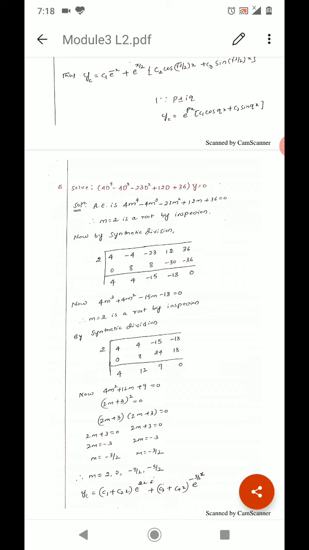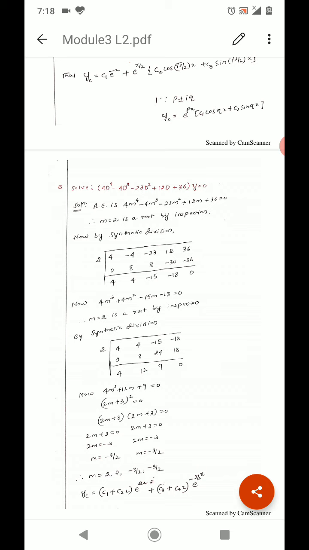The auxiliary equation is 4m power 4 minus 4m cube minus 23m square plus 12m plus 36 equal to 0. So by inspection method, we find the root is m equal to 2.